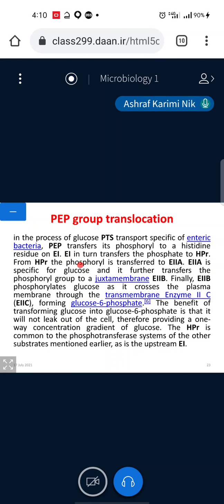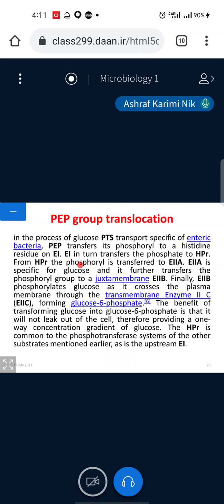The benefit of transforming glucose into glucose 6-phosphate is that it will not leak out of the cell. It's very interesting. The glucose will not leak out of the cell, therefore providing a one-way concentration gradient of glucose.